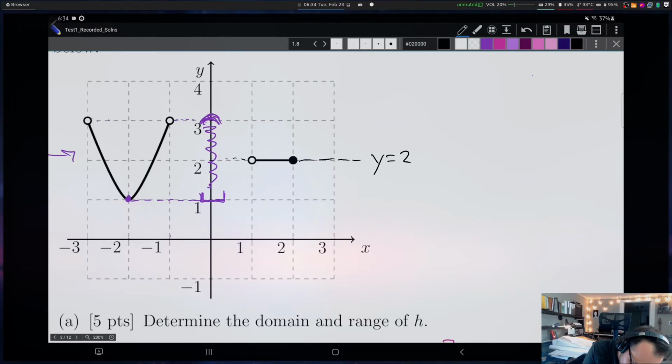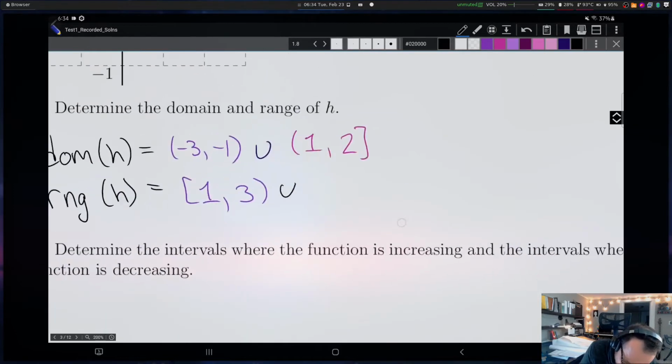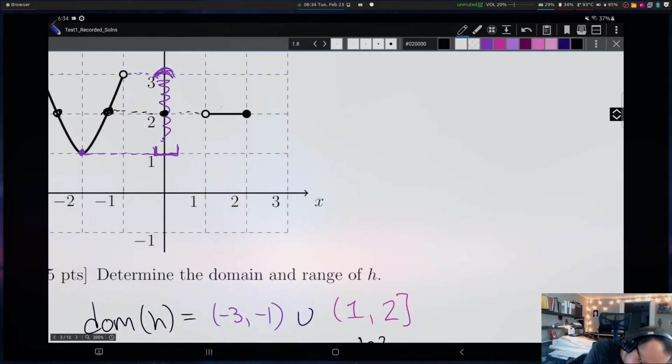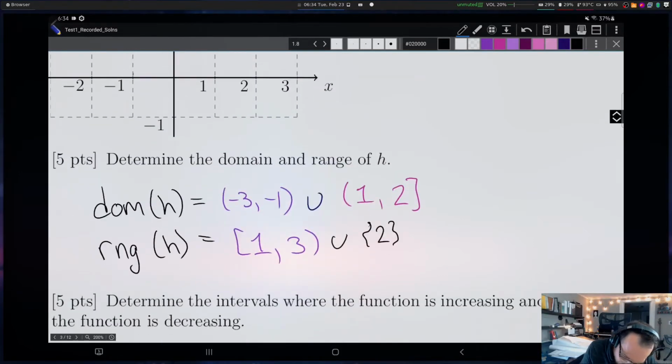And if I just go look at y equals 2 on the y-axis, I see we've already accounted for that because this part of the graph is also achieving y equals 2. So you might need to union in just this 1 point set 2, because that's all of the y values that are achieved by this part. It's just the constant function that's always taking on the value 2. But we really don't have to include this, because 2 is actually already in there. So we've already told the reader about it.